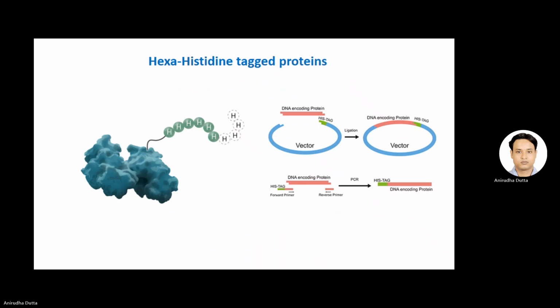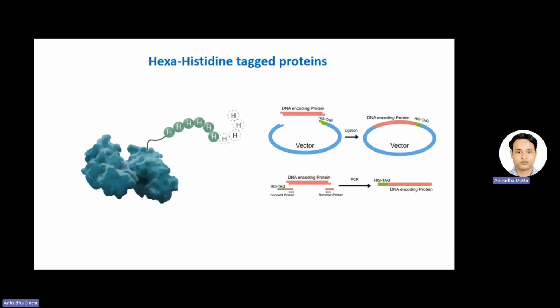Okay, as you can see here, this is a protein, and by using recombinant DNA technology, we can put a histidine tag either at the N terminal or C terminal of that protein.